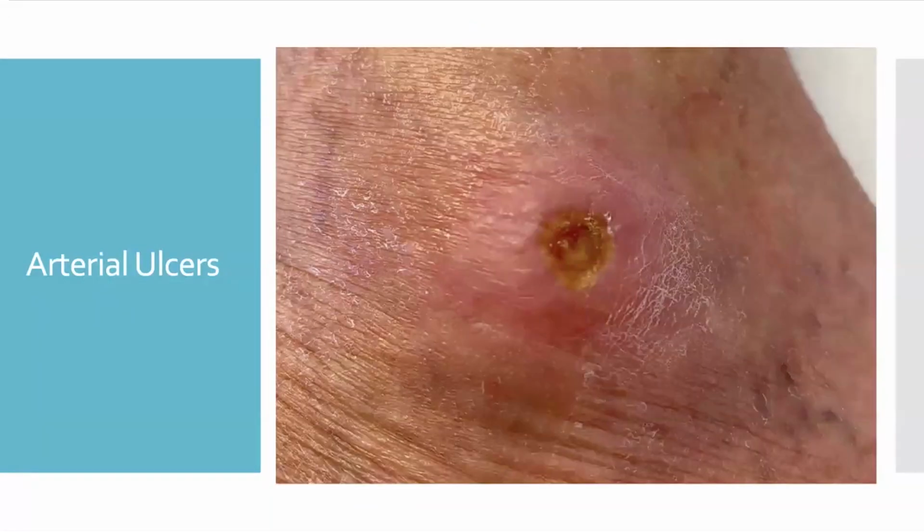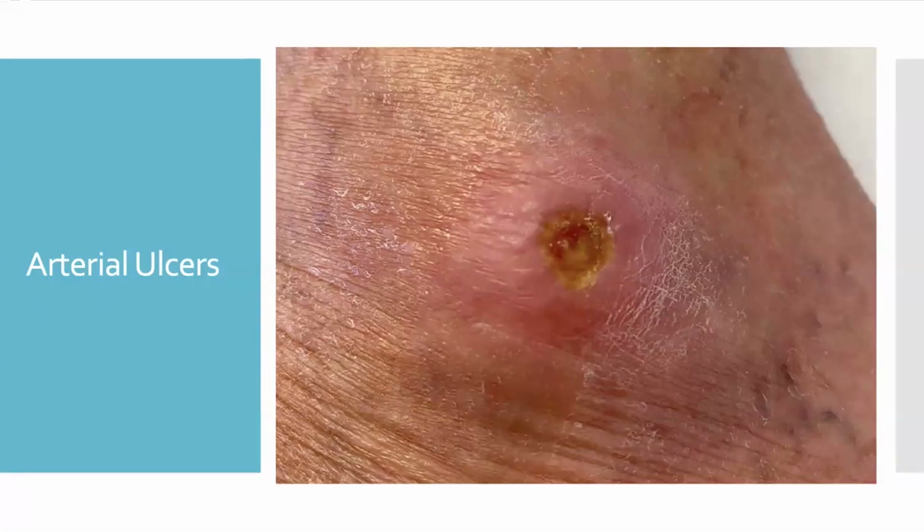So we will start talking about the other types of ulcers, and this first one is an arterial ulcer. Arterial ulcers are associated with peripheral arterial disease. And now the two biggest risk factors for peripheral arterial disease are smoking and diabetes.